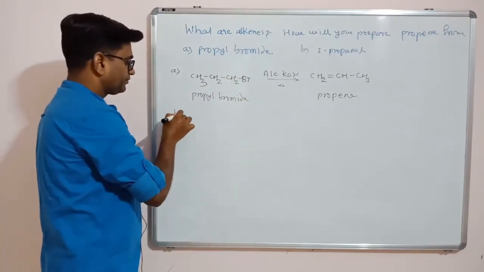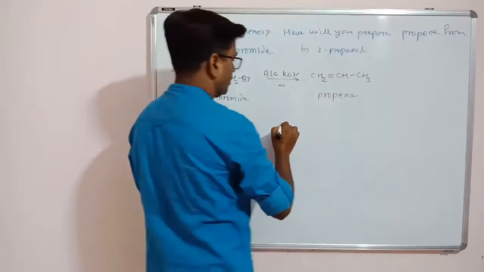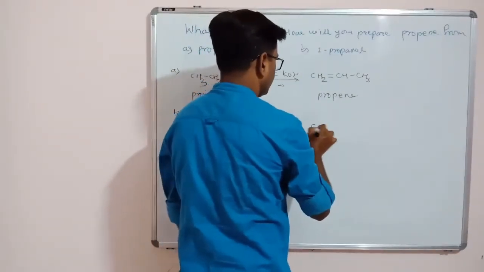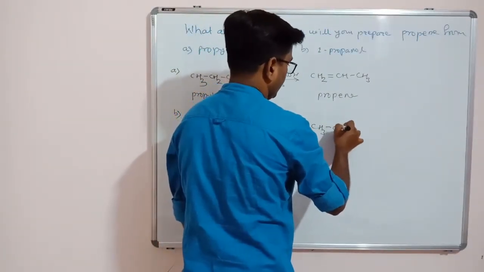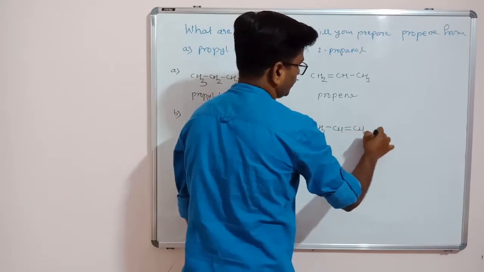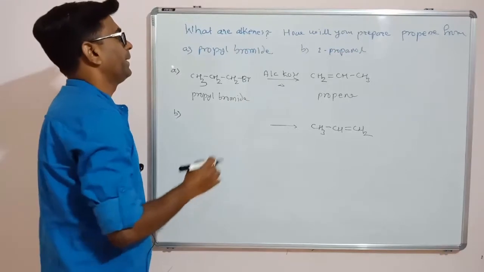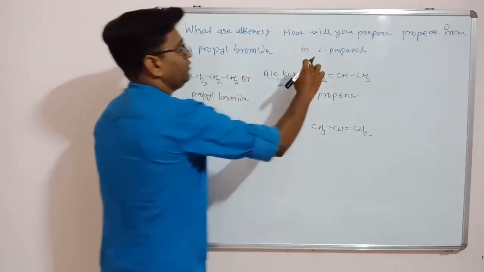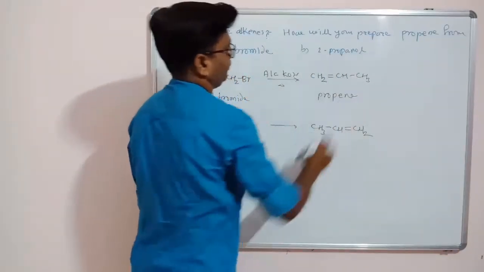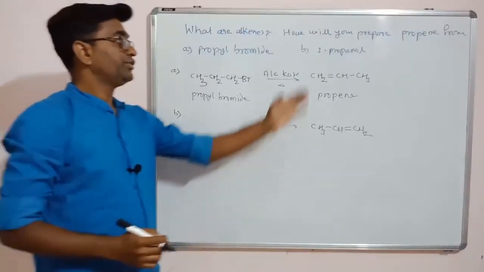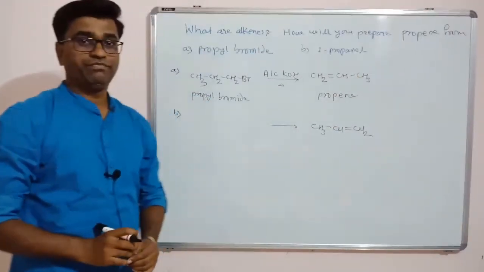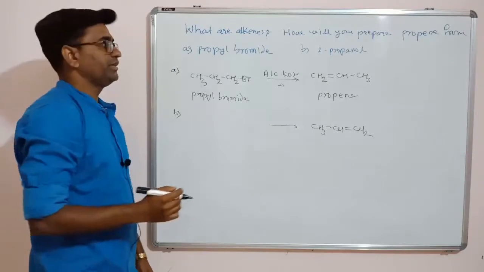Second, again your product is propene, CH3CH=CH2. Propene again, same, I am just writing it on that side. So what is the starting material now? 1-propanol. You should know the structure of 1-propanol also. That's why nomenclature is very important.